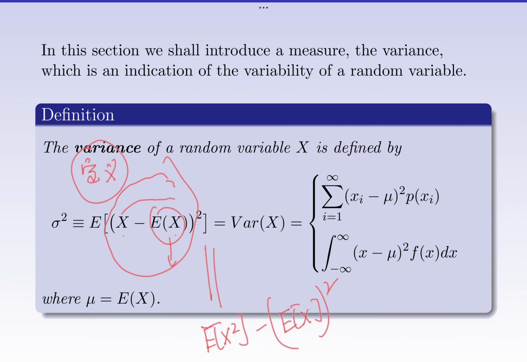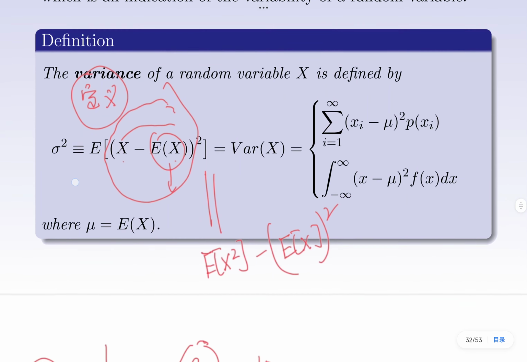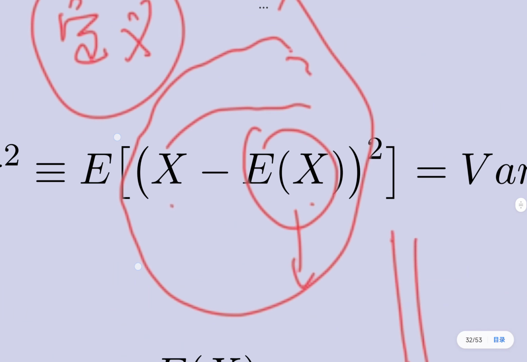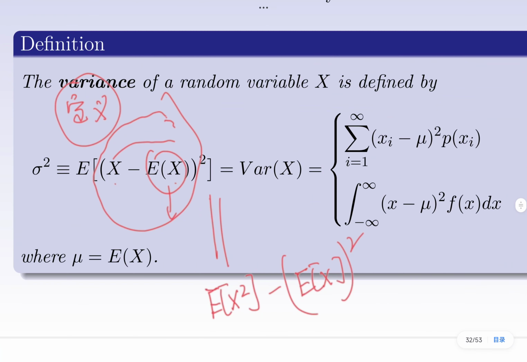Also, Var means E of (X minus mu) squared. So I should remember these two formulas.